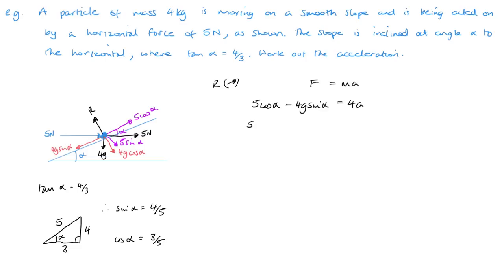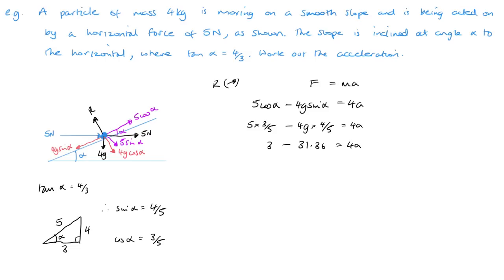So this is 5 times 3/5 minus 4g times 4/5 equals 4a. So 5 times 3/5 is just going to be 3, and 4 times 9.8 times 4/5 is going to be 31.36. So I think we can see now that actually this is going to accelerate down the slope.